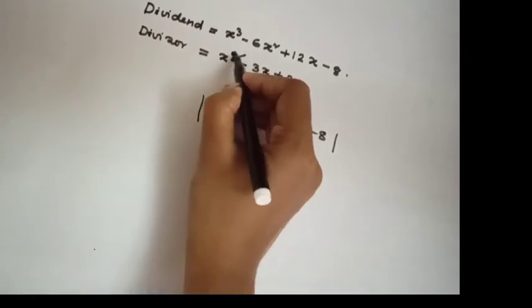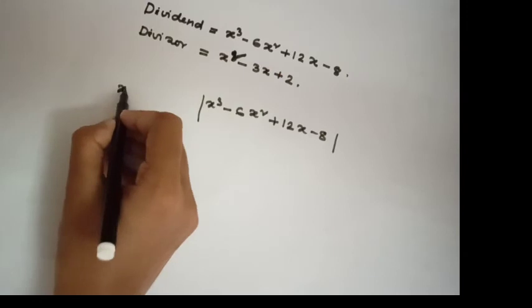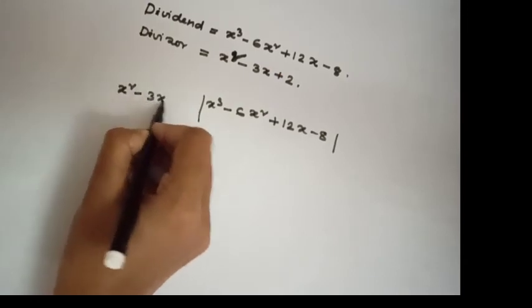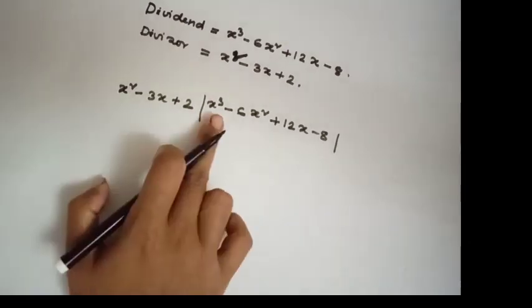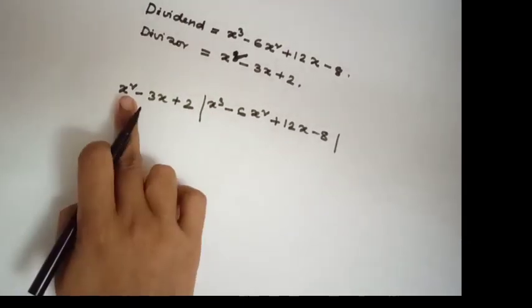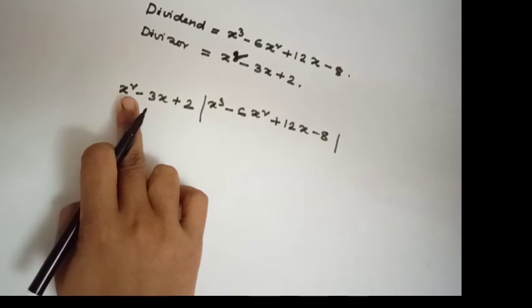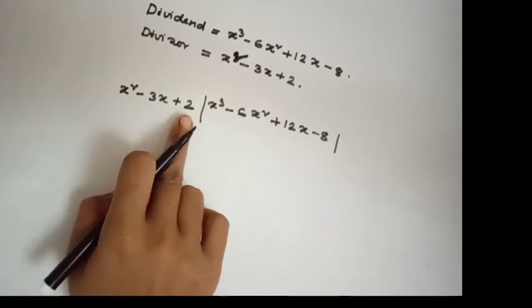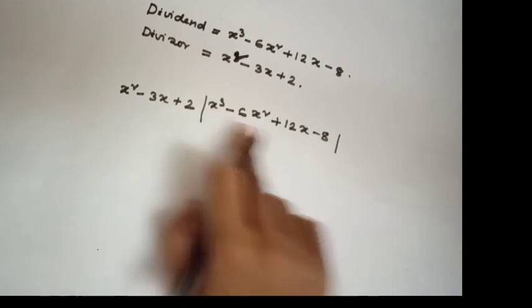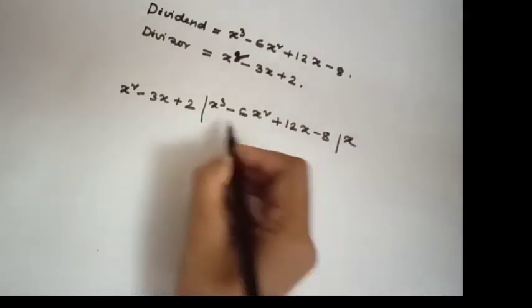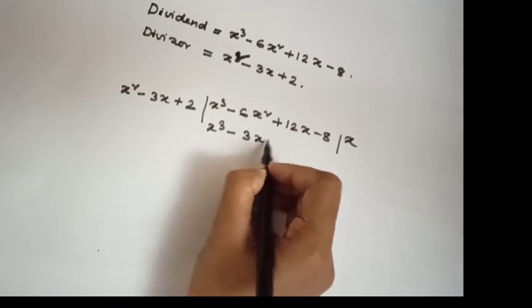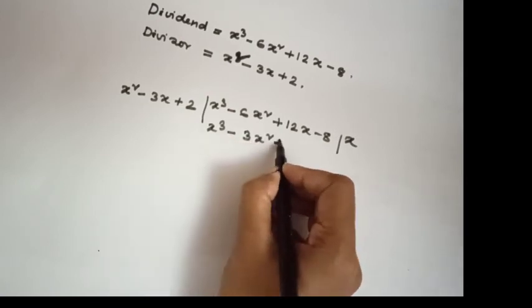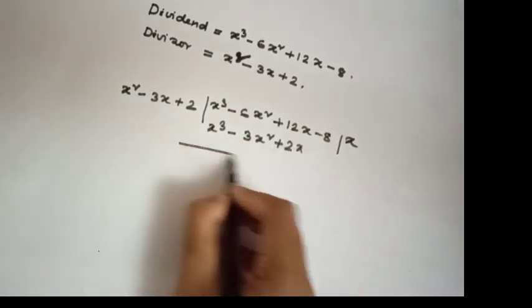Here the degree is 3, here the degree is 2. So multiply x squared minus 3x plus 2 with x and subtract x cubed minus 3x squared plus 2x, okay.